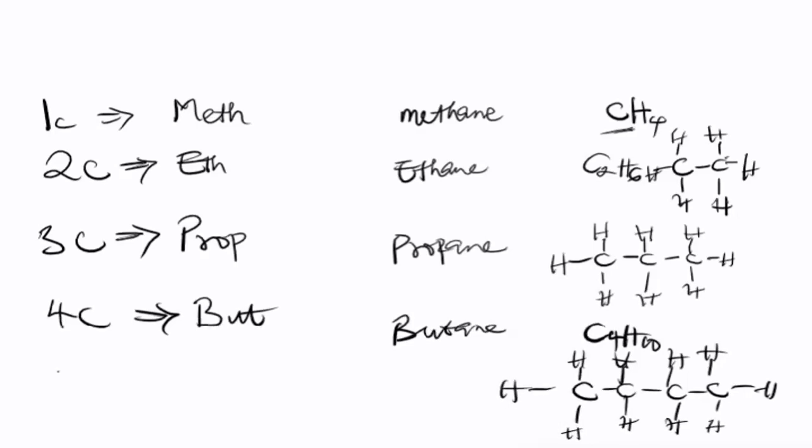Alright, so go ahead and wipe this, so we'll continue from there. So for 5 carbons, we have pent, which is 1, 2, 3, 4, 5.